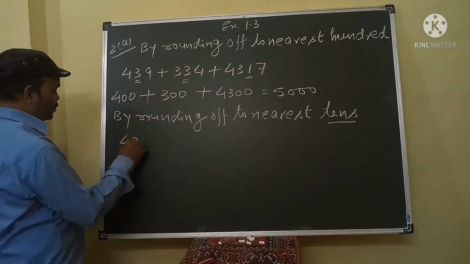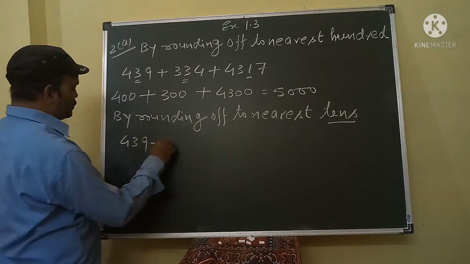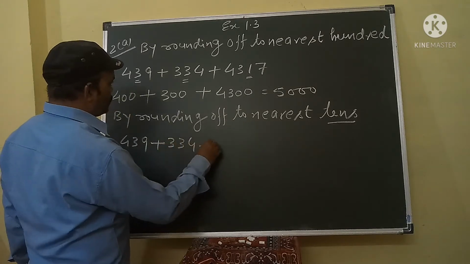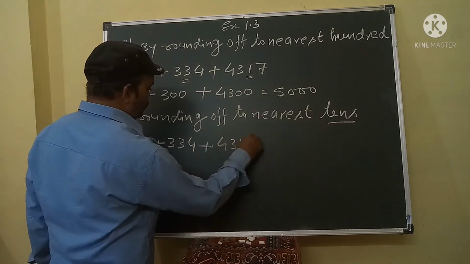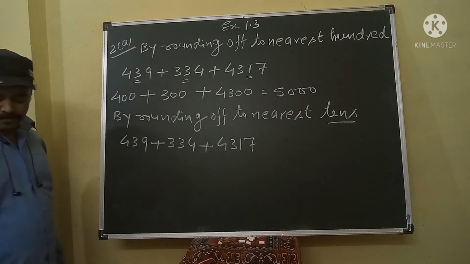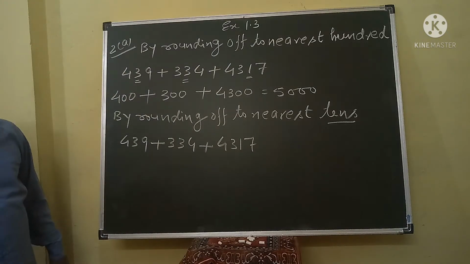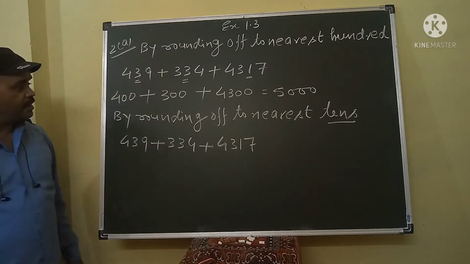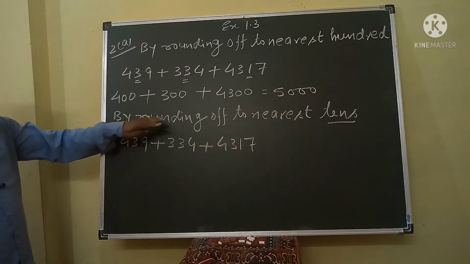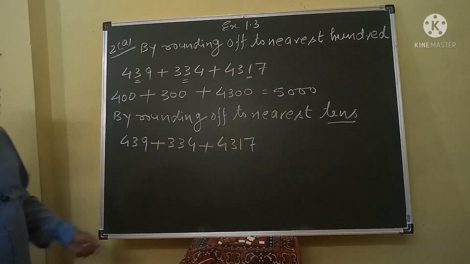Your question is 439 plus 334 plus 4317. Okay. Now, rounding off to the nearest 10.